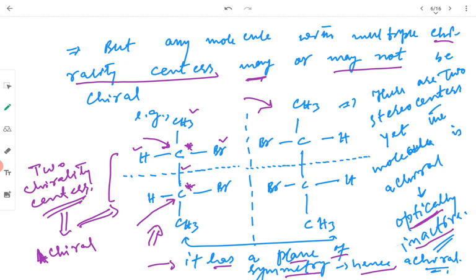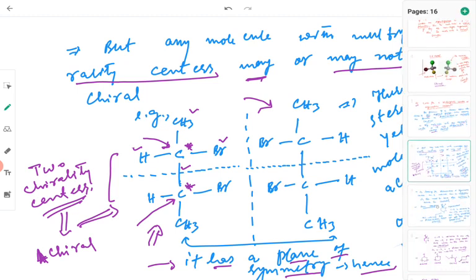You have to note a very important point here: the presence of a chirality center is not the sole criterion for a molecule to be chiral. There has to be some other criteria through which we can say whether a molecule on a whole is chiral or achiral. This molecule has two chirality centers, yet the overall molecule is achiral and optically inactive.